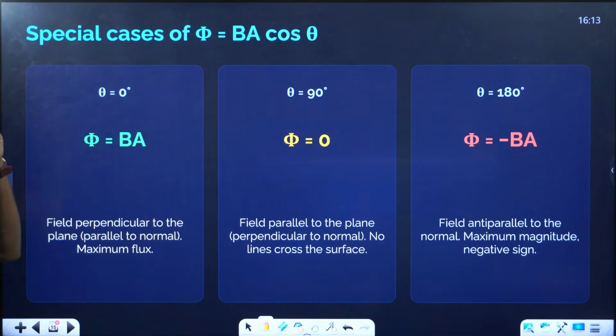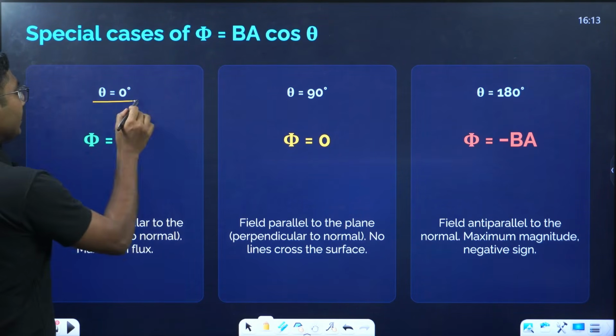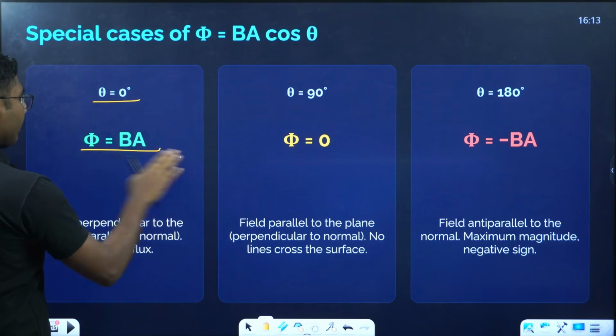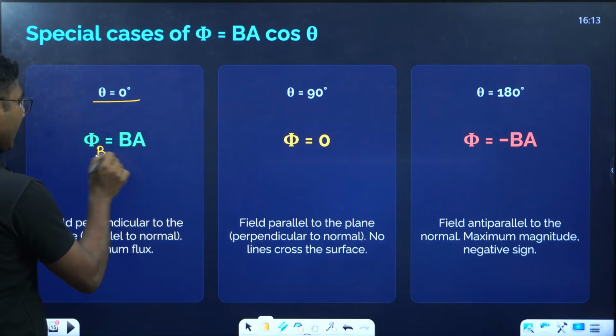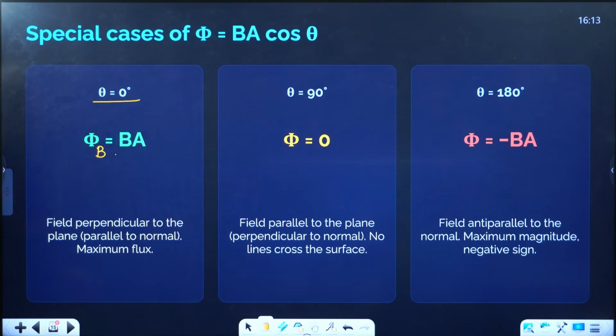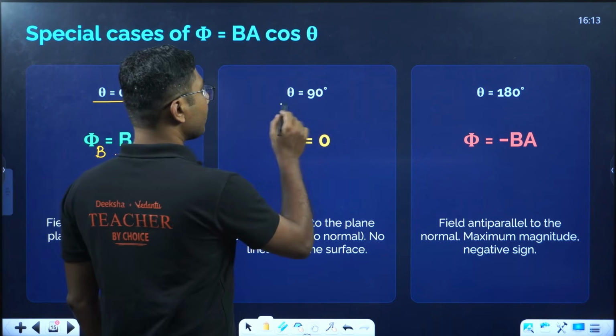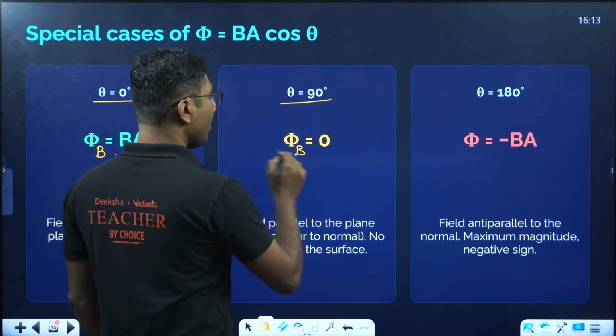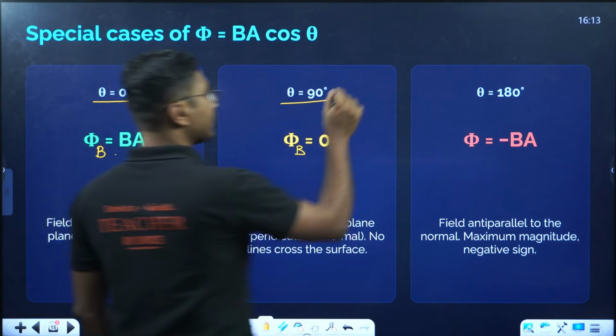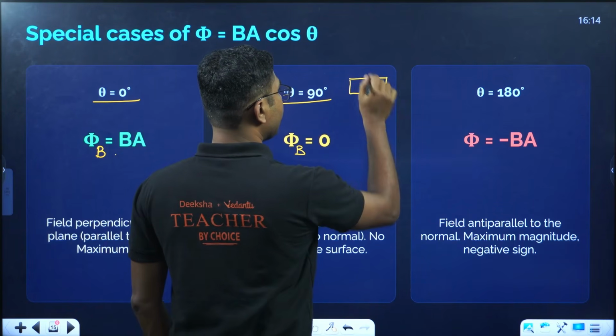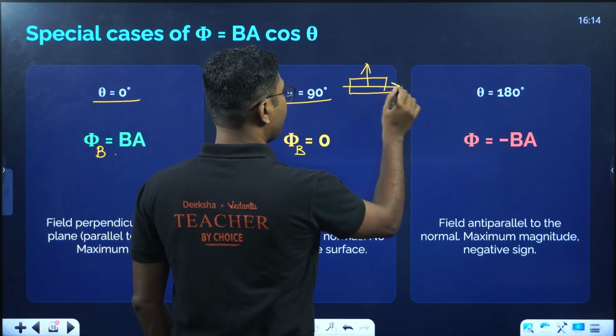Special cases for phi. If theta equals 0, then magnetic flux becomes B into A. Field perpendicular to the plane, parallel to the normal, maximum flux. If theta equals 90 degrees, phi becomes 0. So this is the surface, this is the normal, this is the magnetic field.